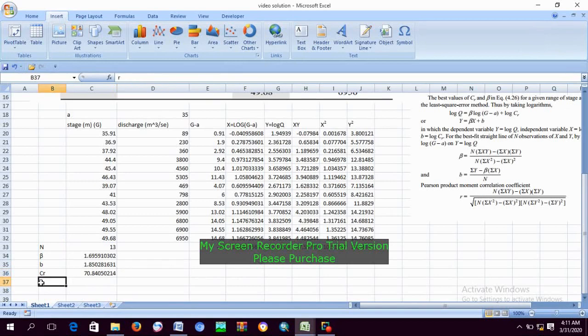The numerator is n times the summation of xy, minus the summation of x times the summation of y, where n is 13 and the summation of xy is this value, times this value, and we can use a bracket.